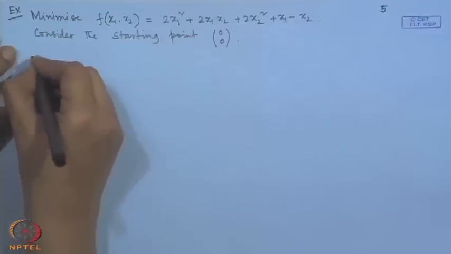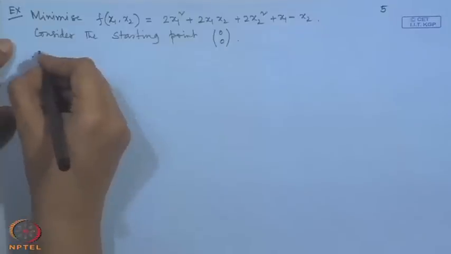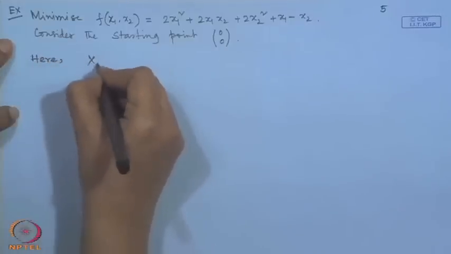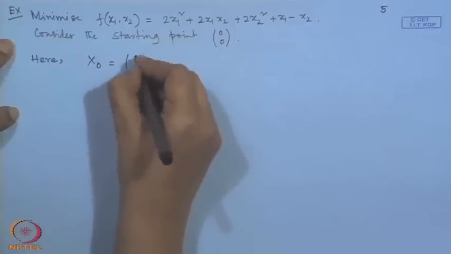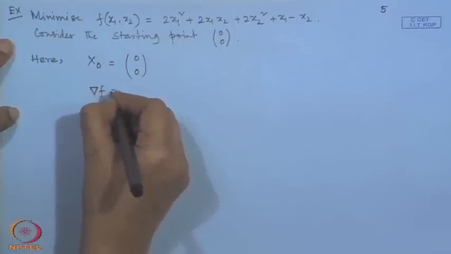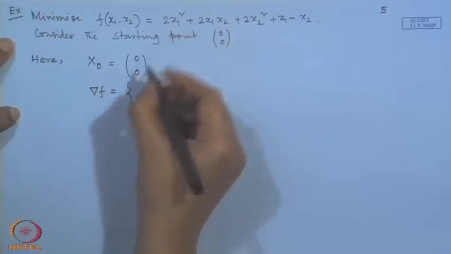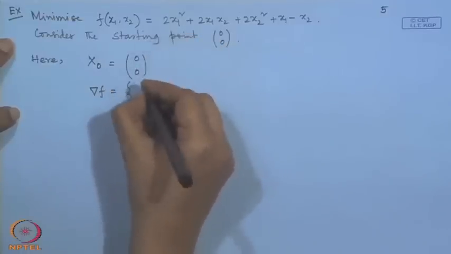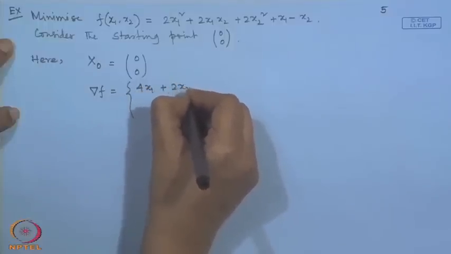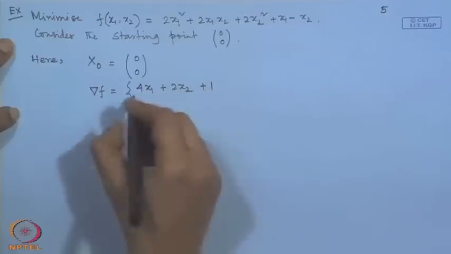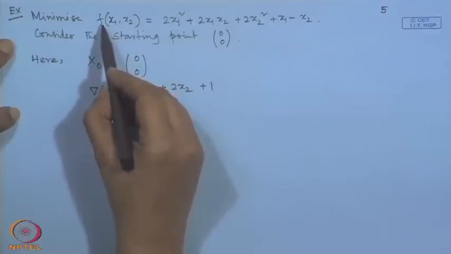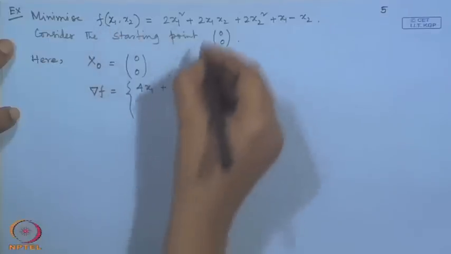Then I am moving to the next step. Here certainly x0, the initial starting point, is (0, 0). What is grad f here? That is the gradient value of this function. This is equal to 4x1 + 2x2 + 1, the partial derivative of f with respect to x1.